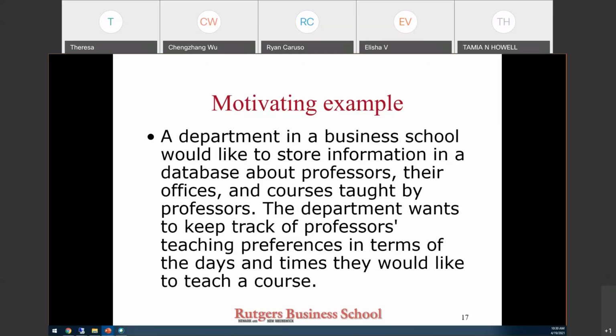Also, the department wants to keep track of the professor's teaching preference in terms of days and times. Obviously, the same course can be taught by different professors, and a professor can be teaching multiple courses.